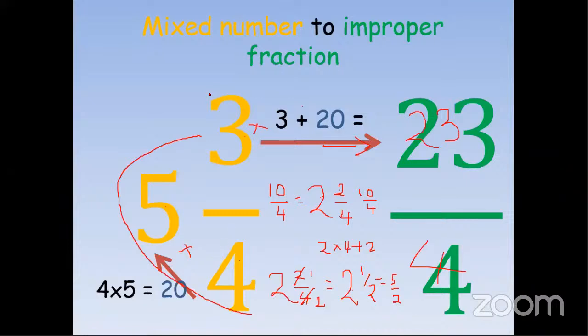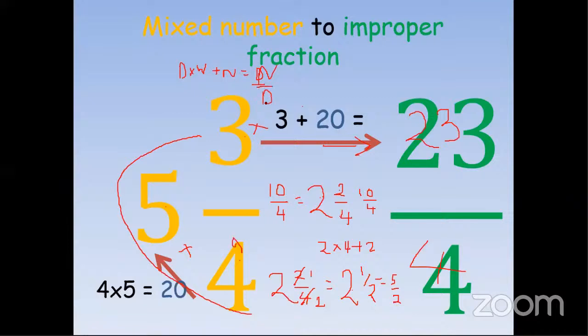It is the denominator times the whole number, plus the numerator. This will be our numerator, out of the denominator. The denominator is constant, it doesn't change.